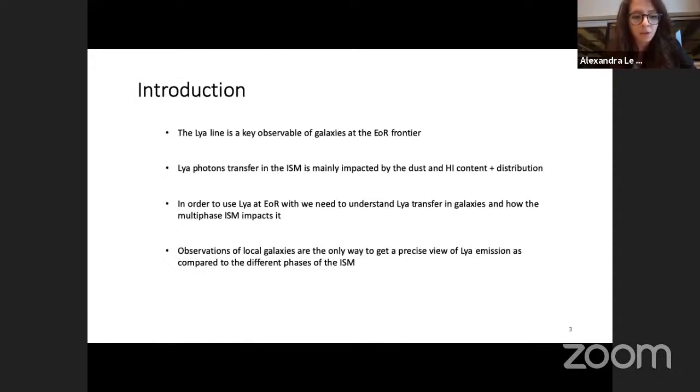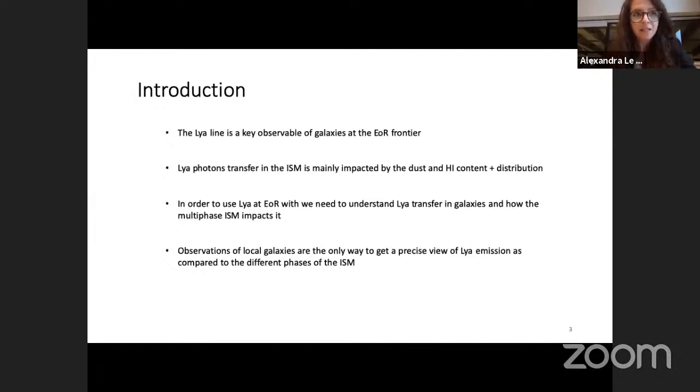So the photon transfer in the interstellar medium should be mainly impacted by the dust and the H1 content, but also its distribution. And so in order to use Lyman alpha at galaxies in the epoch of reionization, we need to understand how Lyman alpha transfer proceeds in galaxies and how the multi-phase interstellar medium impacts it.